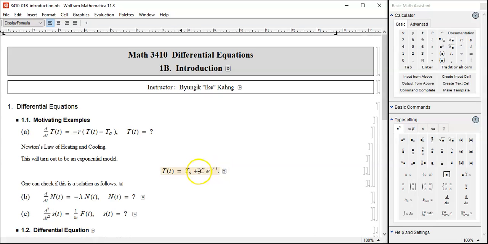So the exponential will go down to zero, but stay positive. So the temperature cooling will never go down below the ambient temperature and rise back up. That's not going to happen. You can analyze a solution and deduce a lot about the behavior of the model and compare it with the physical system.